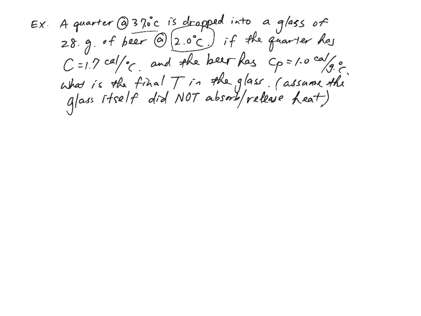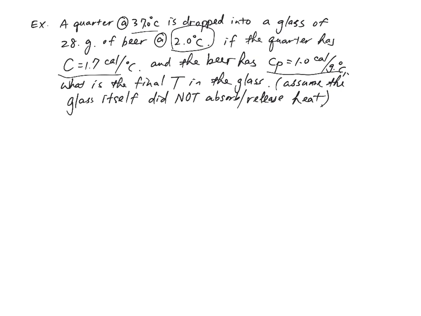Now, if we know the thermal property of the quarter, the coin, and the specific heat or another thermal property of the beer, now we want to know eventually what is the final temperature within that glass.